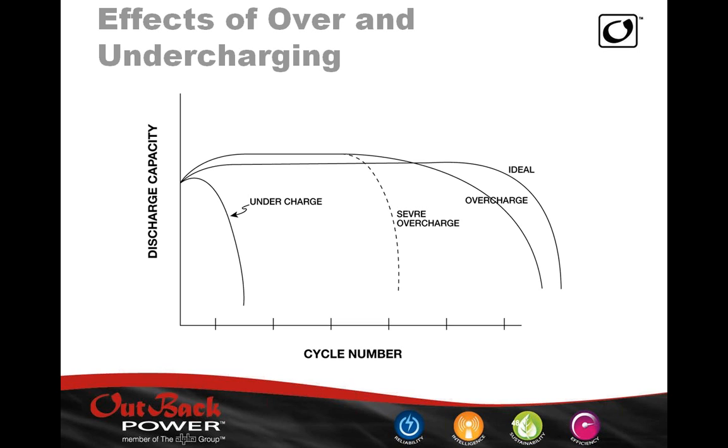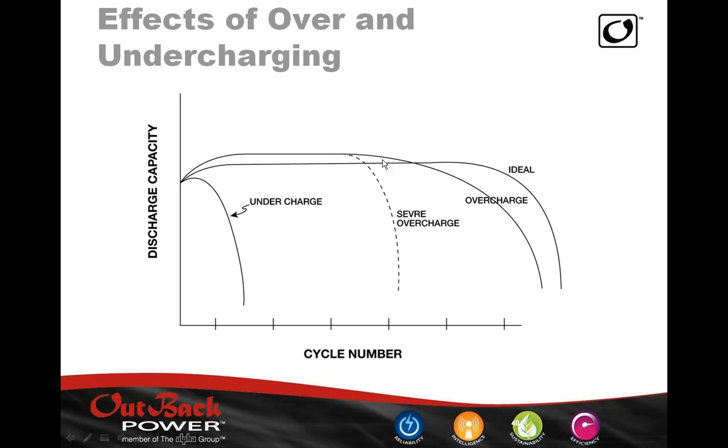The only reason I have this here is just to show that the system has to be designed both to serve the loads, but also to be able to charge the batteries correctly. Here we have what the ideal life would be for the batteries.